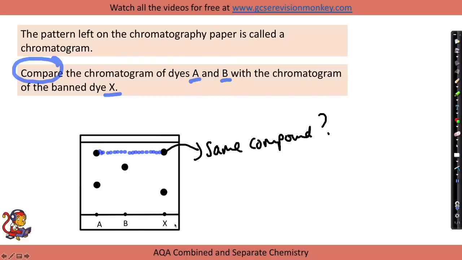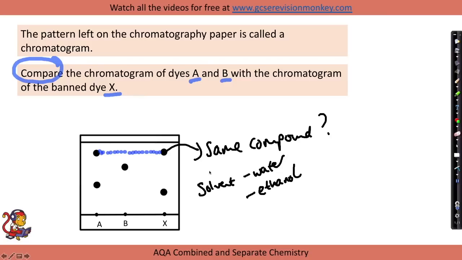Because we've only tested this so far on one solvent, we chose the solvent as water. But to be absolutely sure that our food dye contains a banned chemical, we would need to repeat this in different solvents, for example maybe ethanol. And if this compound in A matched X in different solvents, it's highly likely that it is containing that banned compound.